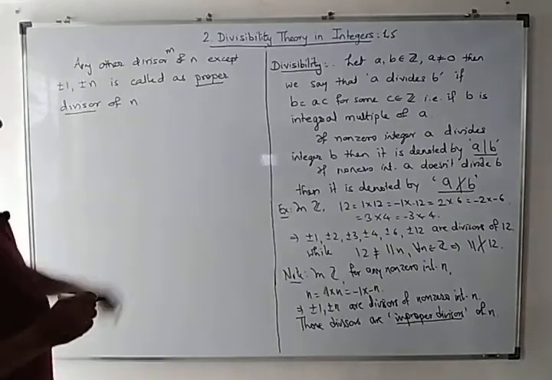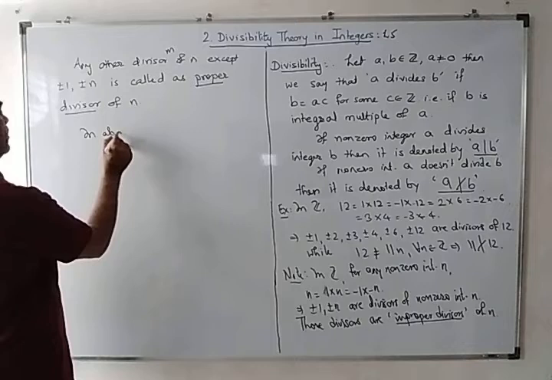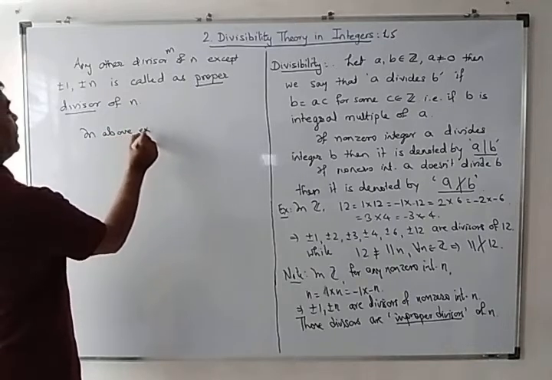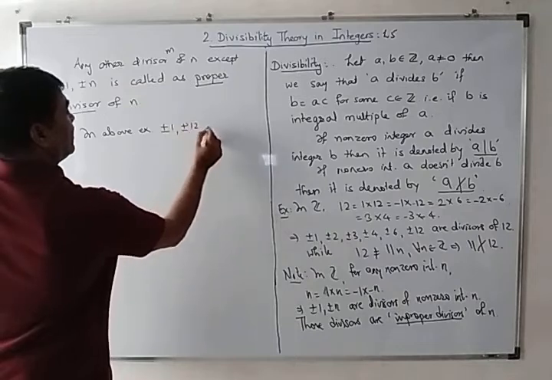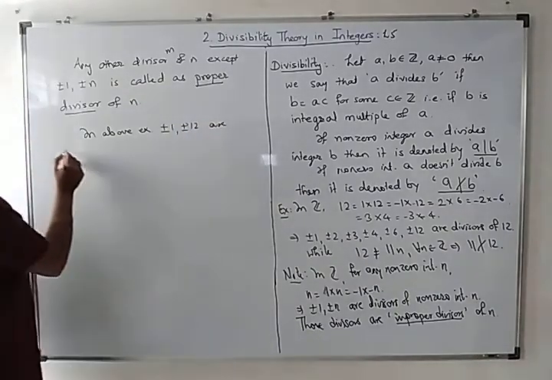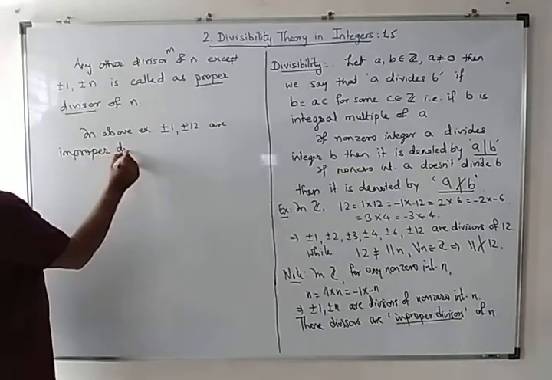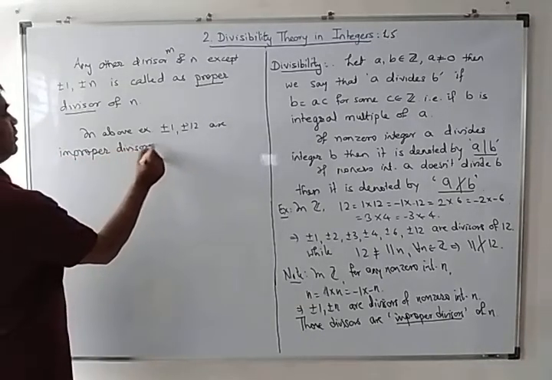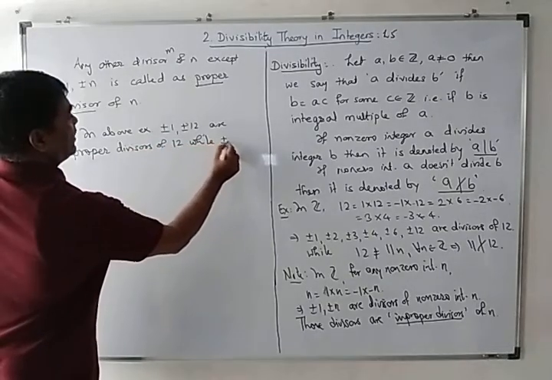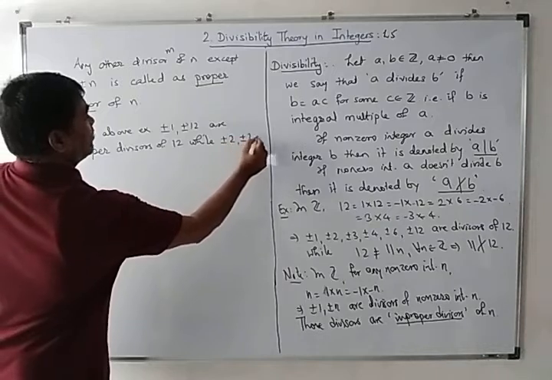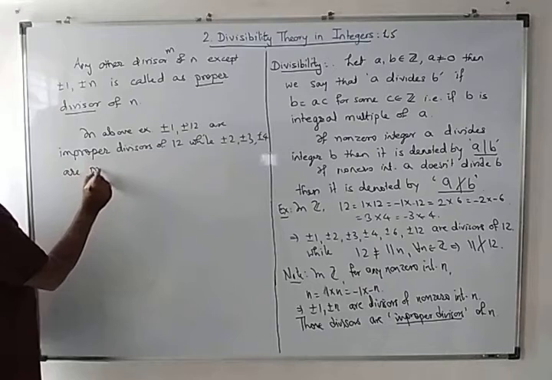Okay. So in the above example, plus minus 1 and plus minus 12 are improper divisors of 12, while the other divisors plus minus 2, plus minus 3, plus minus 4 are proper divisors of 12.